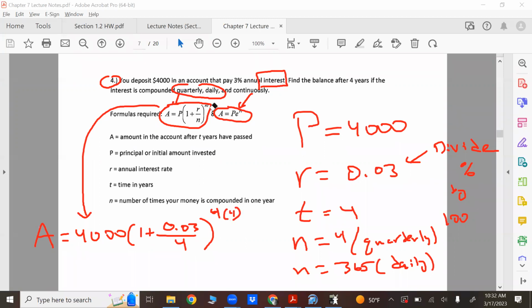The exponent's NT, so N is 4 and T is also 4. For daily you'll do 365 times 4. So guys, let me work this out first, and then we'll do it again.